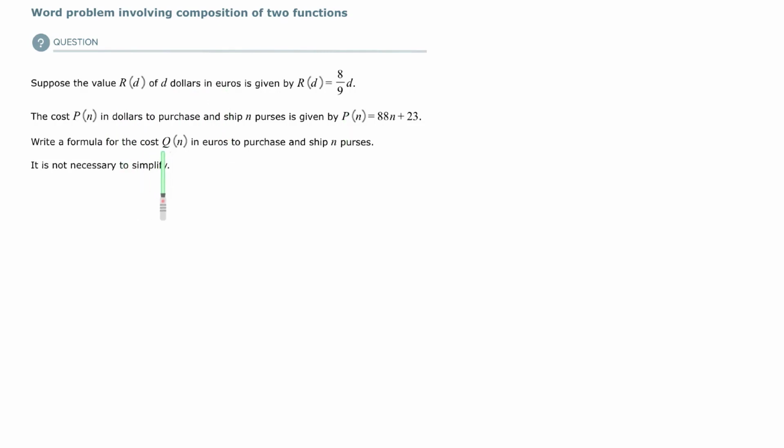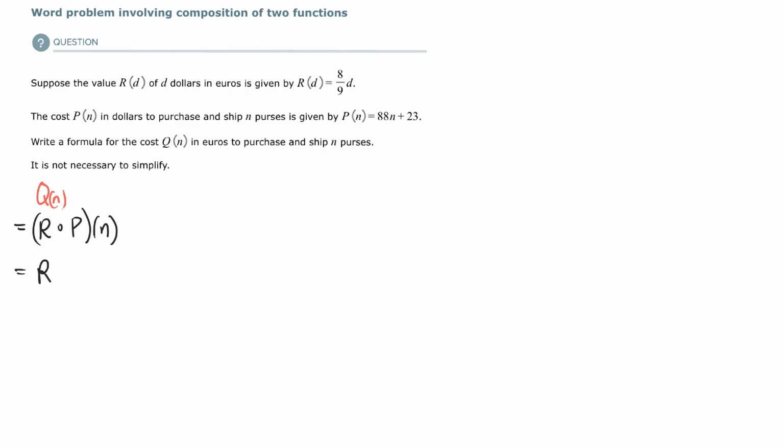What we need to find is actually Q of N. So what is Q of N? Q of N is simply going to be R composed with P of N. And remember that P goes first and R goes second.